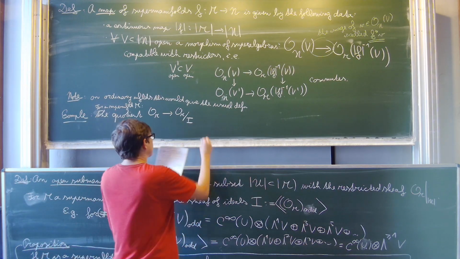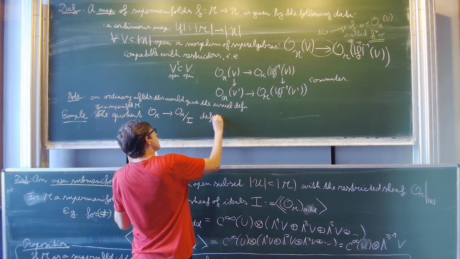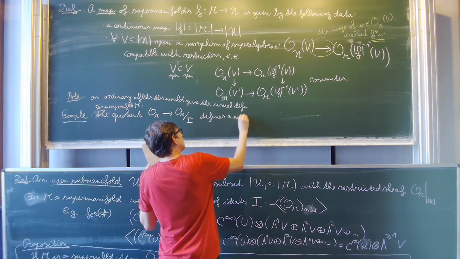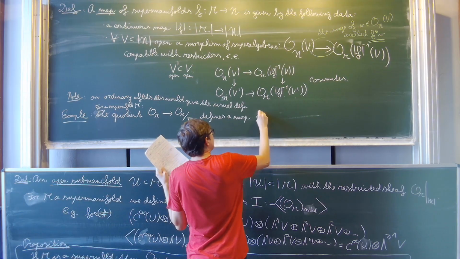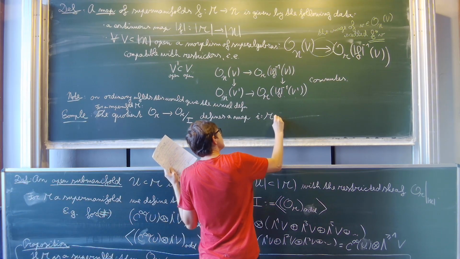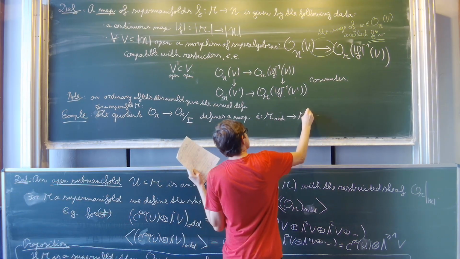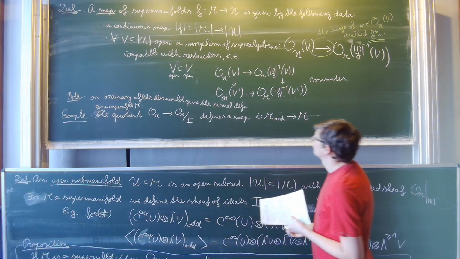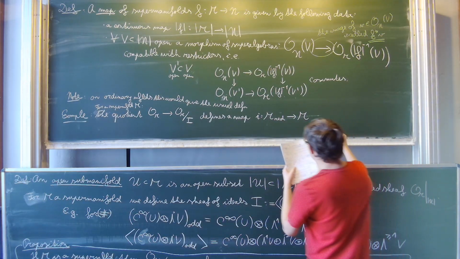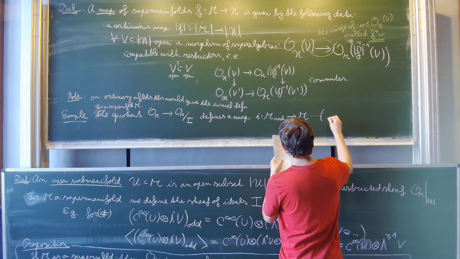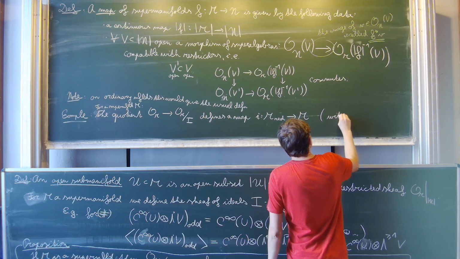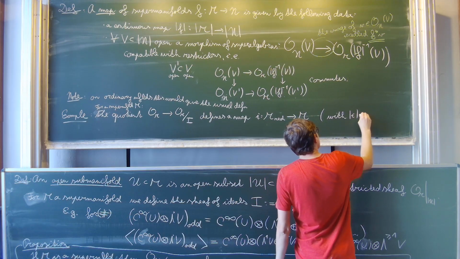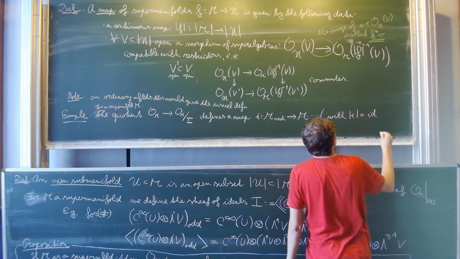And so this thing in fact defines a map. Let's call it i, from this reduced manifold into M. And moreover, the underlying map of topological spaces is the identity.